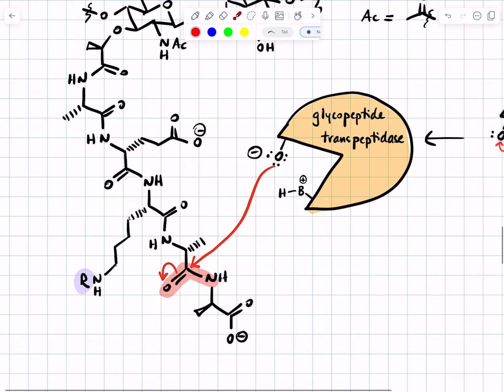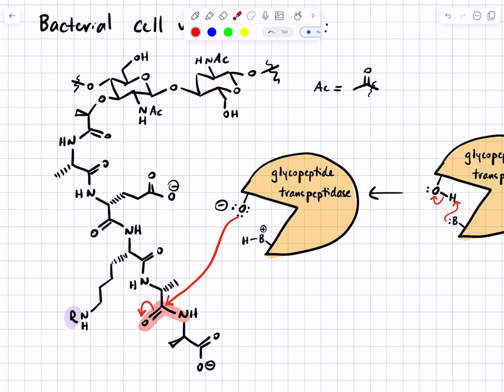And that's going to generate a molecule where all of this is bonded to the oxygen of the enzyme through an ester bond with this carbon. Okay? You don't have to imagine that, just the idea that we're going to break this amide apart. The enzyme has the ability to do this, and we want to connect this carbonyl carbon of this amide bond with this oxygen. And then the other things can happen.